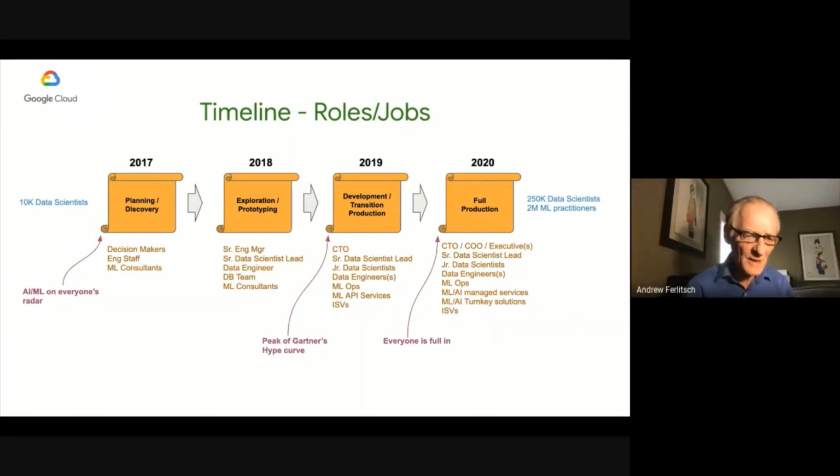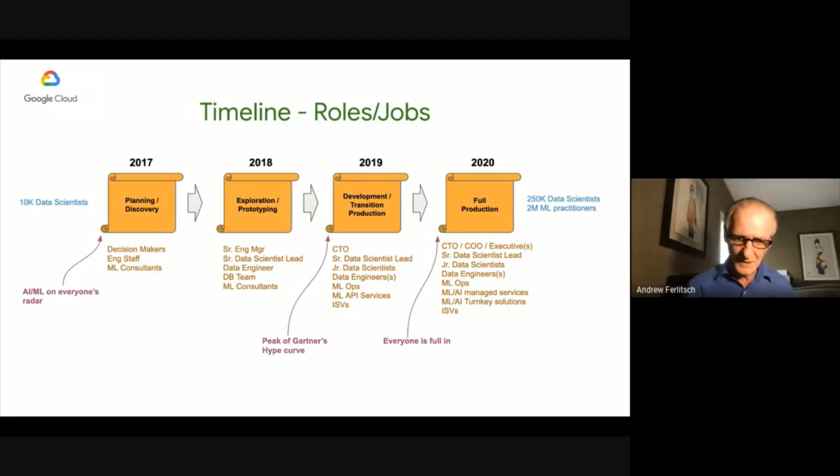And at the time, the principal roles involved were decision makers, engineering staff, and outside ML consultants who had existing expertise. We saw in 2018 in those companies, they had moved into exploration and prototyping. They were building models, trying them out, seeing what they do, making modifications, experimenting, and so forth.